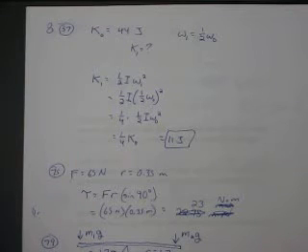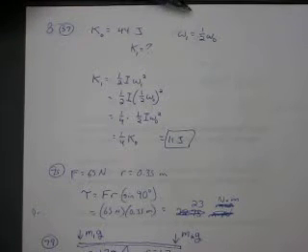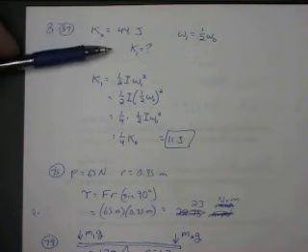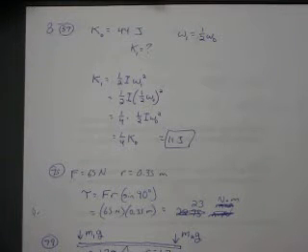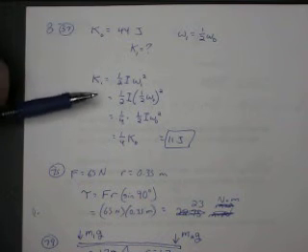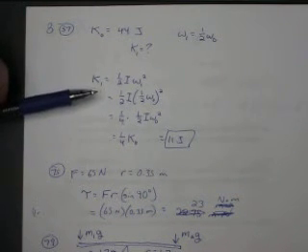Here's what we have. K naught, initial kinetic energy, is 44 joules. Omega 1 is 1/2 of omega naught. And we want to know what is K1. So we can start with K1 is 1/2 I omega 1 squared. Now we plug in this value for omega 1. So we have 1/2 I times 1/2 omega naught squared.